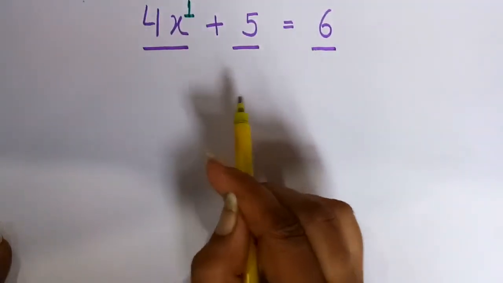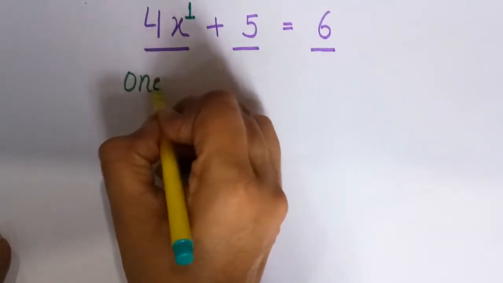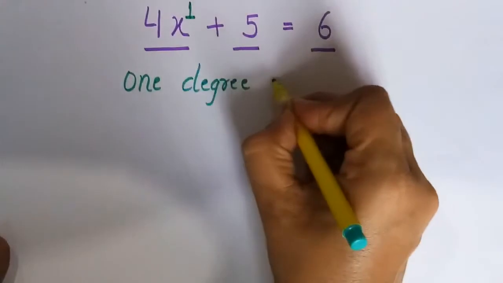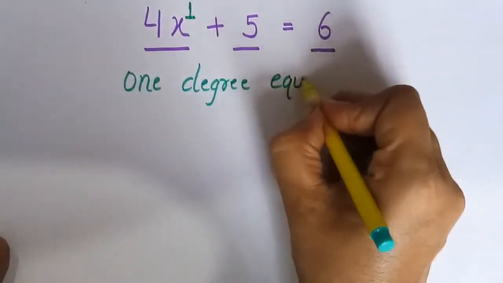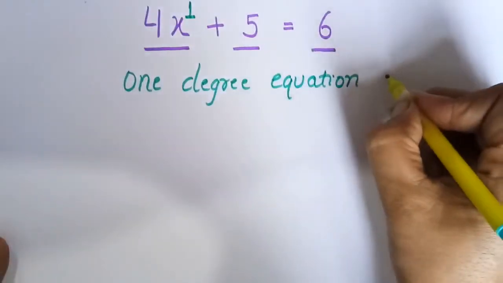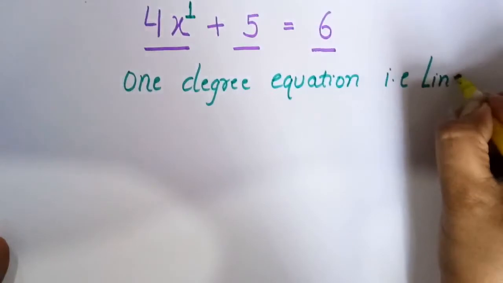This equation is known as 1 degree equation, that means linear equation.